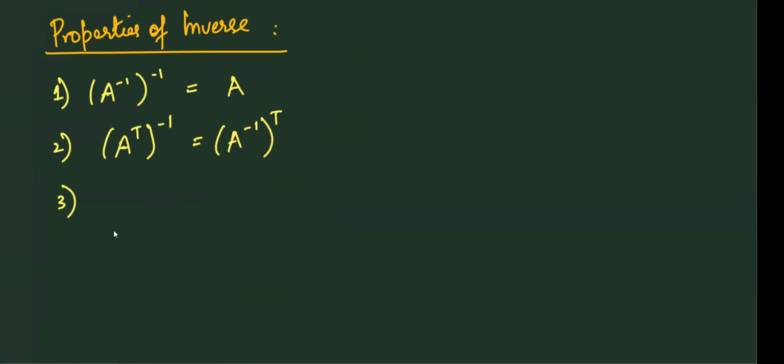And the last one, AB whole inverse is B inverse times A inverse. Just like AB whole transpose is B transpose A transpose, like that AB whole inverse is B inverse A inverse. So these are some results.